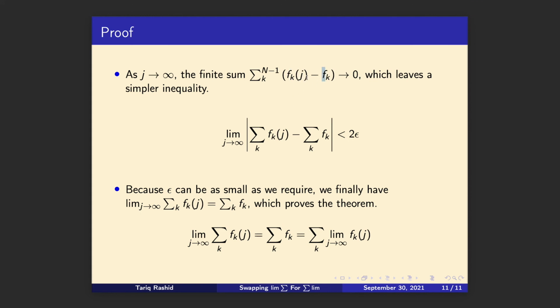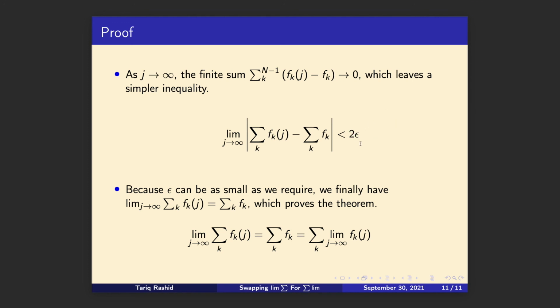So that tends to 0. We've taken the limit inside because it's a finite sum. That removes that from the expression. So we're left with the limit as j goes to infinity of that big difference that we were interested in, the magnitude, is less than 2 epsilon.